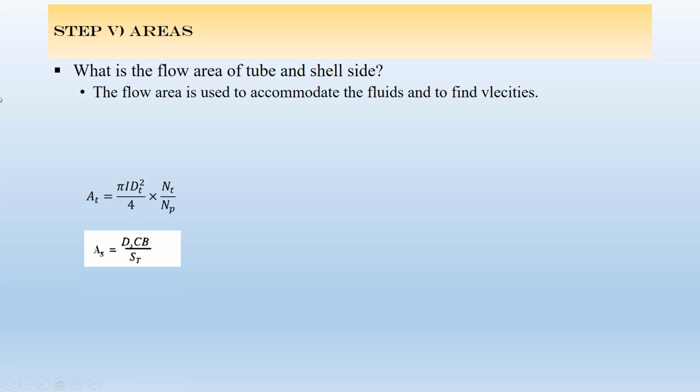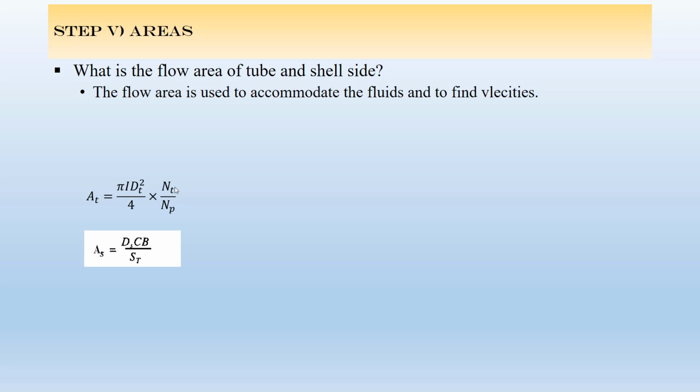To find the area for the tube, you can calculate the area of one tube: pi IDT squared over 4. This is the area of one tube. Then you need to multiply by the number of tubes, because you need to calculate the total area for the tubes.